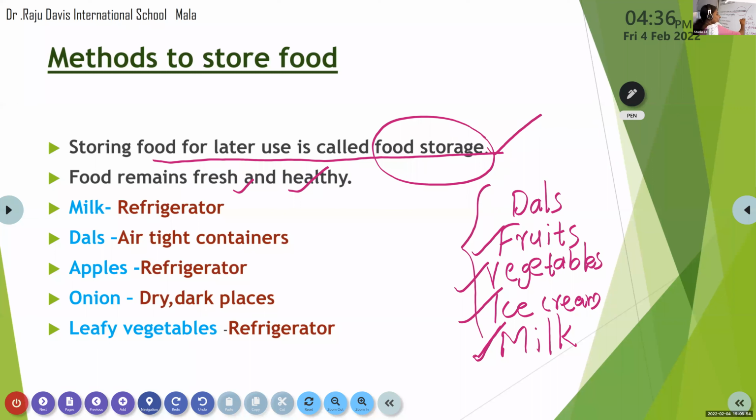Then where can we store these dals? Airtight containers. So what is meant by airtight? Containers that are very tight so that the inside of the container is dry.